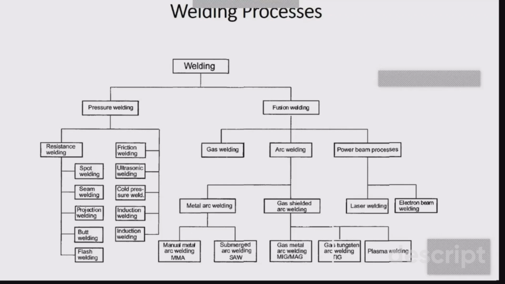With the application of current and potential difference, the gap between the electrode and workpiece gets ionized and heat is liberated. That ionization causes the formation of the arc. This arc is full of energy or heat, and the temperature of this arc reaches from 3000 to 5000 degrees centigrade, which causes the melting of the workpiece.